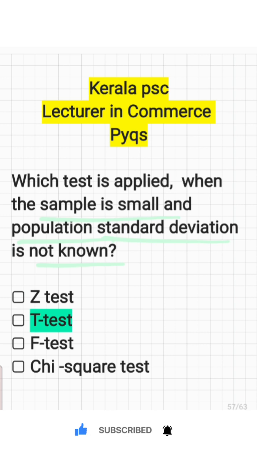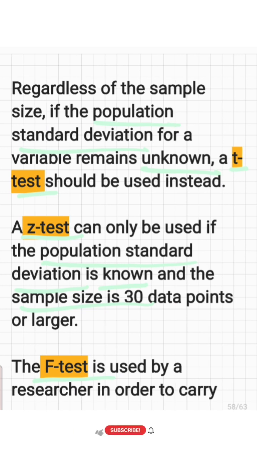And the next question: which test is applied when the sample is small and the population standard deviation is not known? The given options are z-test, t-test, f-test, and chi-square test. Here the answer is t-test. If the sample size is less than 30, then we use the t-test, and also if the population standard deviation for a variable remains unknown.